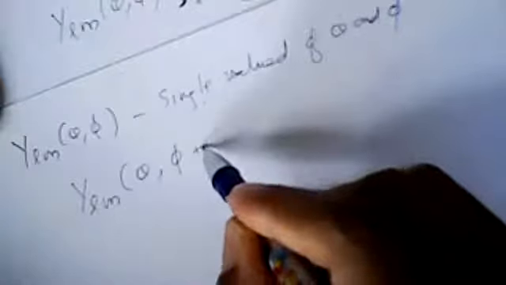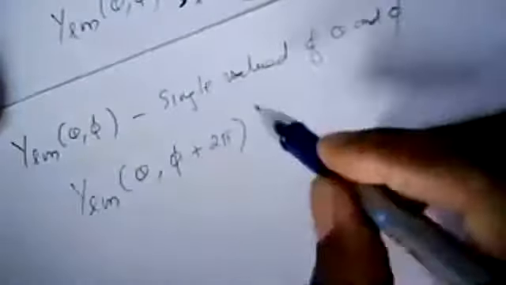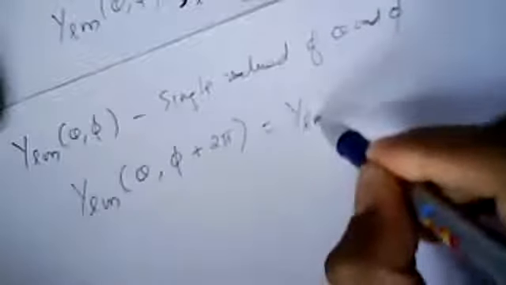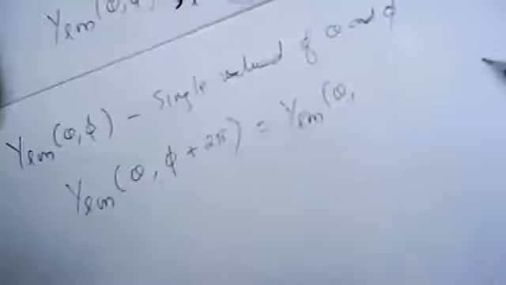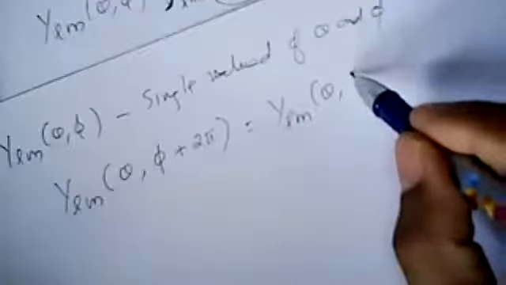So when you increase phi by 2π radian, theta remains same, phi you change it to φ + 2π, then it should be same as Y_lm(θ, φ).